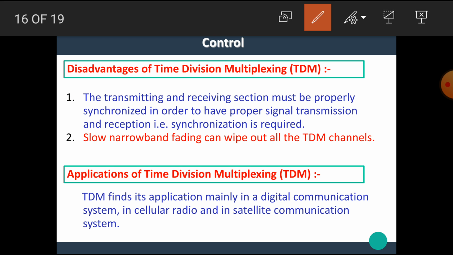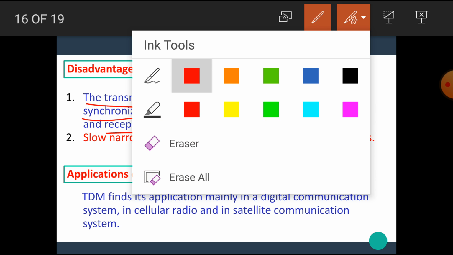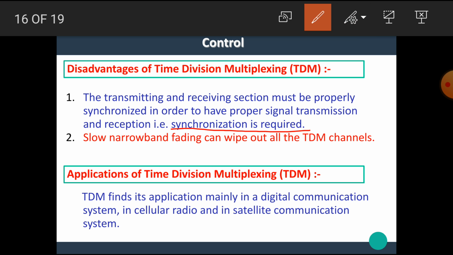There are some disadvantages of TDM. In TDM, the transmitting and the receiving section must be properly synchronized in order to have proper signal transmission and reception. That is, in TDM, synchronization is required.